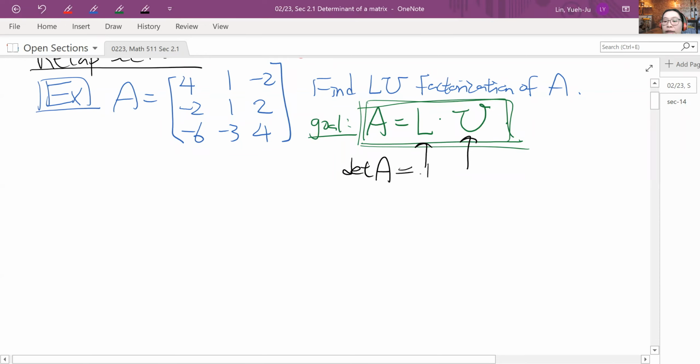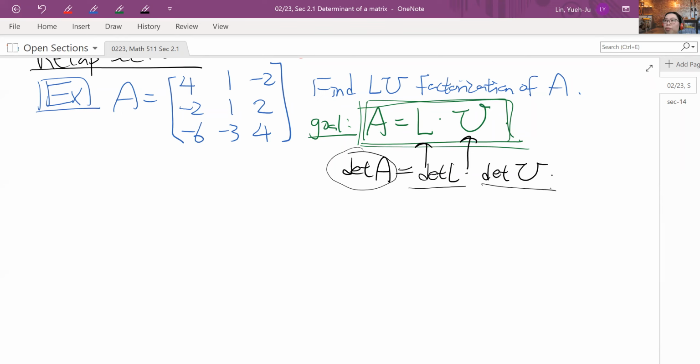The determinant of A is the determinant of L times the determinant of U. Calculating the determinant of A directly takes some time, but for L and U, because they're triangular, it's much easier. You can get it in 10 seconds or 5 seconds. You can directly eyeball the solution.